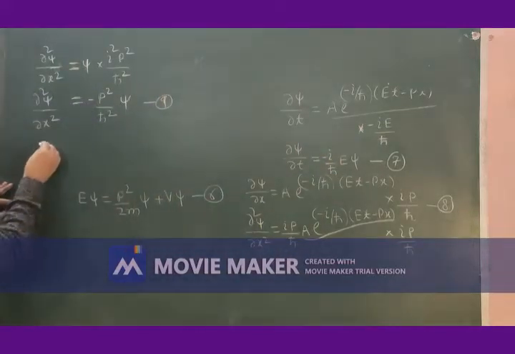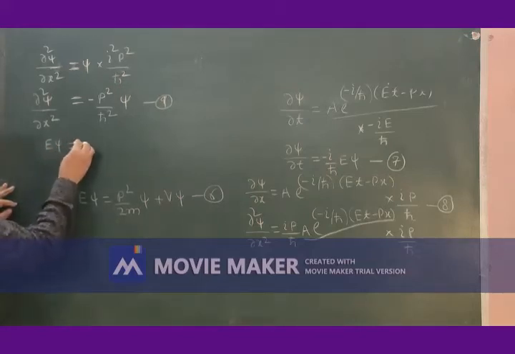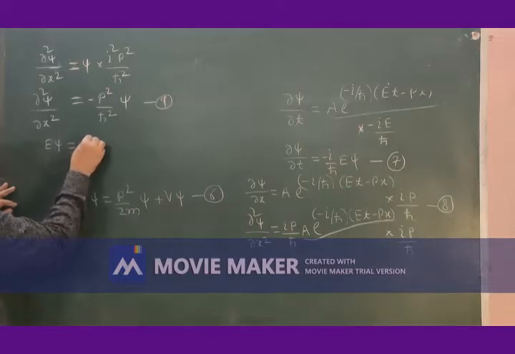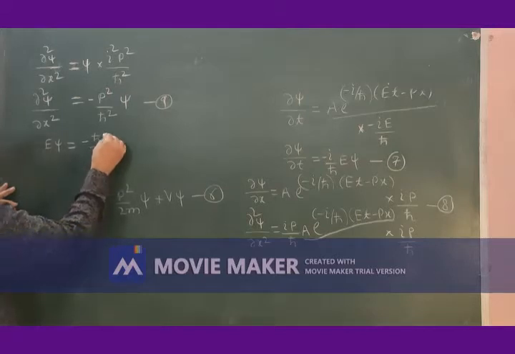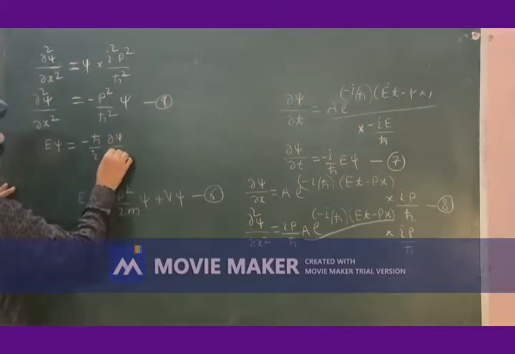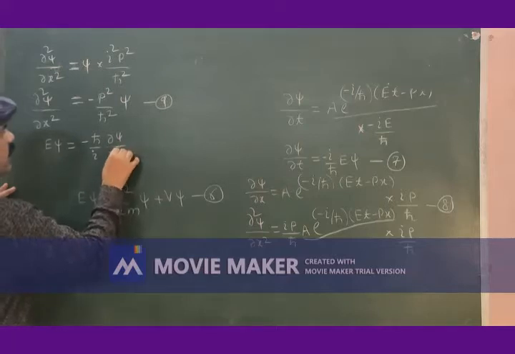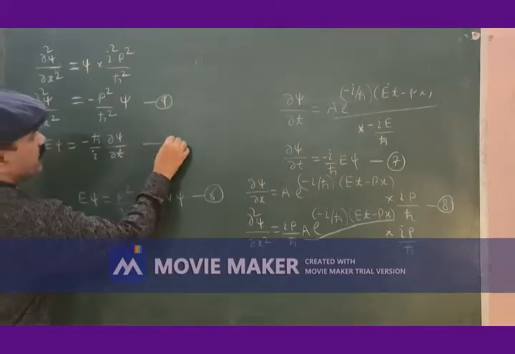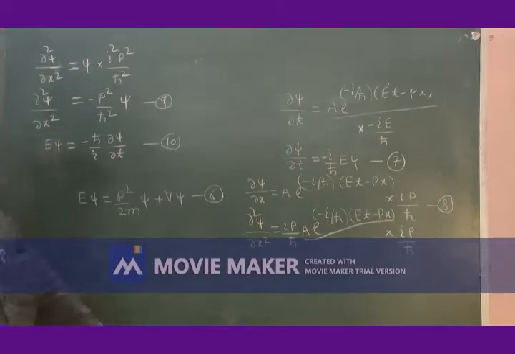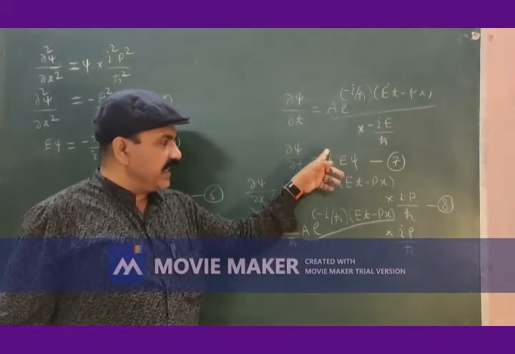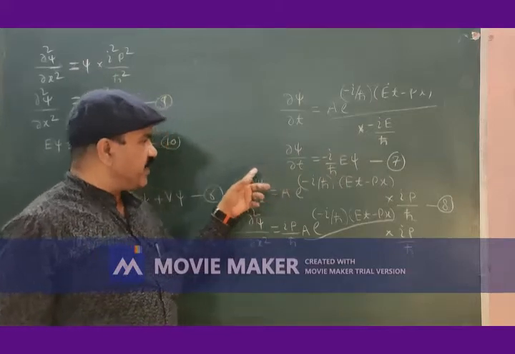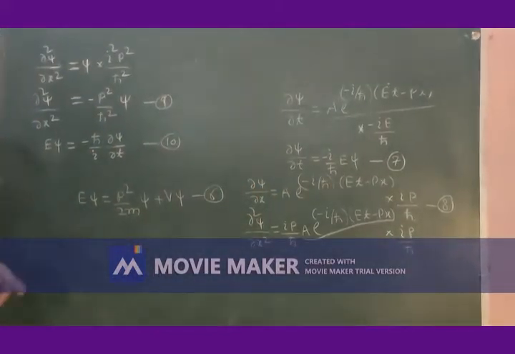So equation 7 after modification can be written as E psi is equal to minus h cross divided by i into dou psi by dou t, equation number 10.